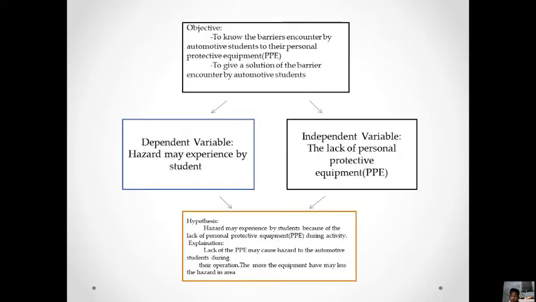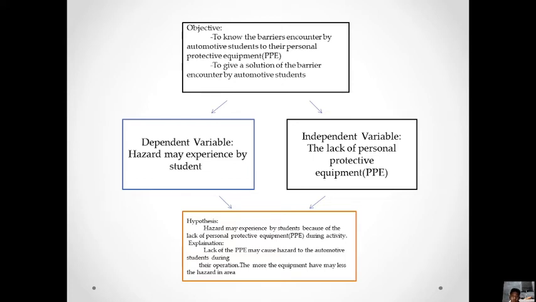Conceptual framework. Objective: to know the barriers encountered by the automotive students with their personal protective equipment and to give a solution to the barriers encountered by the automotive students. The dependent variable and the independent variable are based on the objectives.